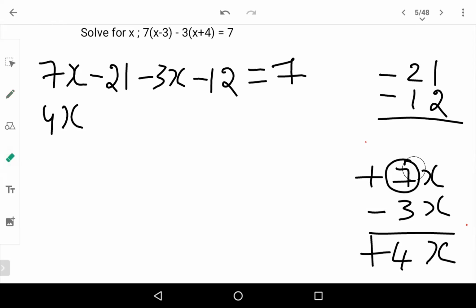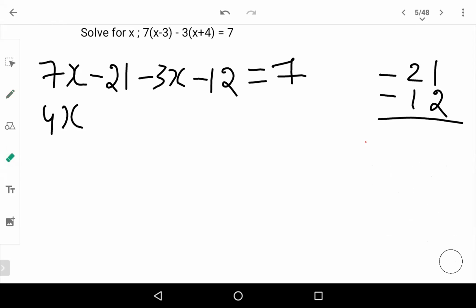Minus 21 minus 12. Now in minus 21 minus 12, I always told you minus into minus is plus, correct? So here you are supposed to add the numbers, but keep the sign as minus as it is.